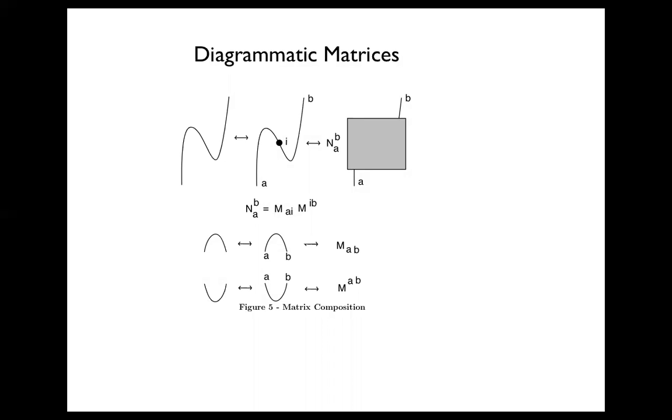And the matrix that is the composition is supposed to be the composition of two matrices. That means you must sum on the internal index. So in the diagrammatic form for matrices, if you have a free index, you don't necessarily sum on it. But if you have an internal index like the i, then you sum on it.